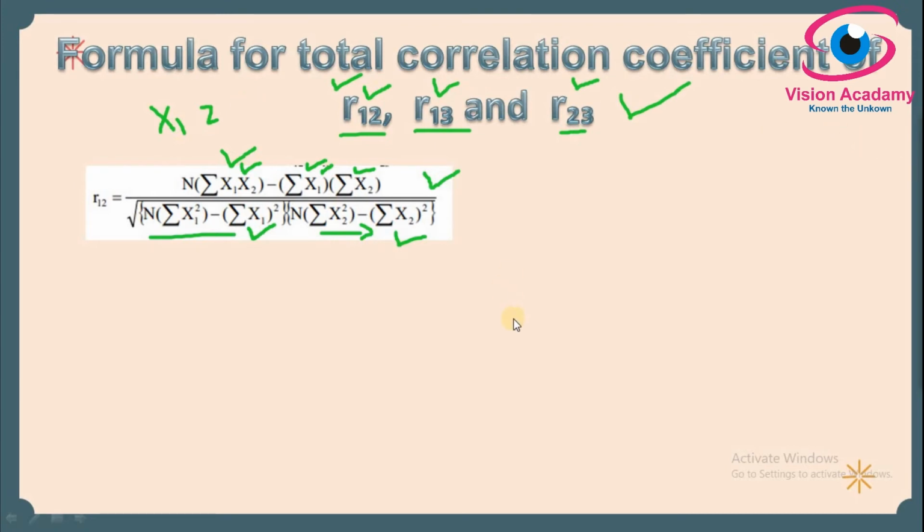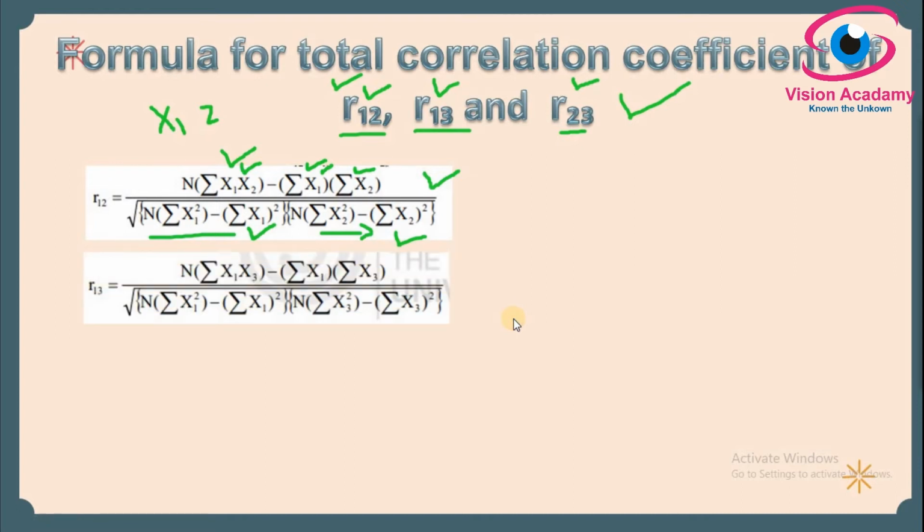The same logic is repeated in the case of R13, with a slight change. N is common, summation x1 x3, because we are considering x1 and x3 only here. We use summation x1 the same way, but in place of summation x2 we use summation x3.